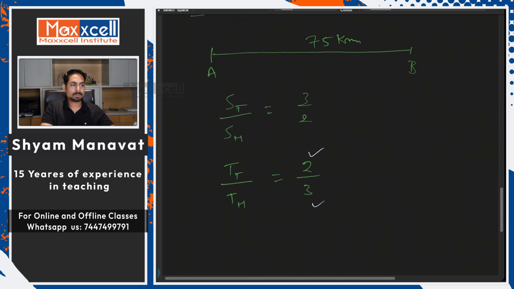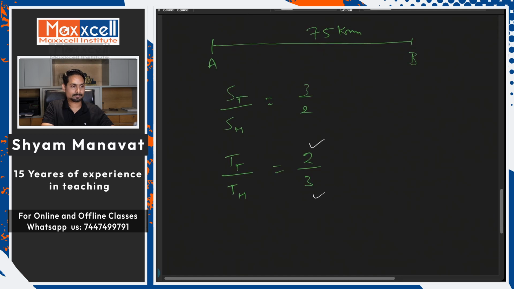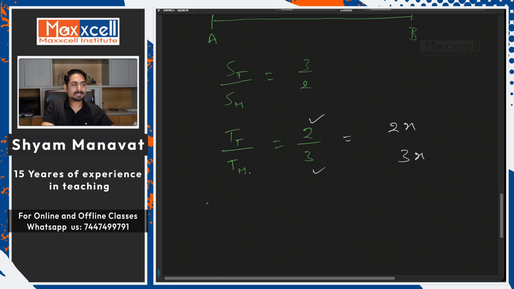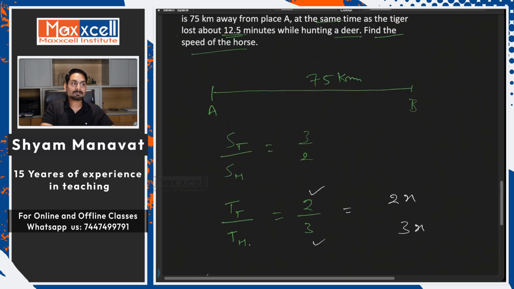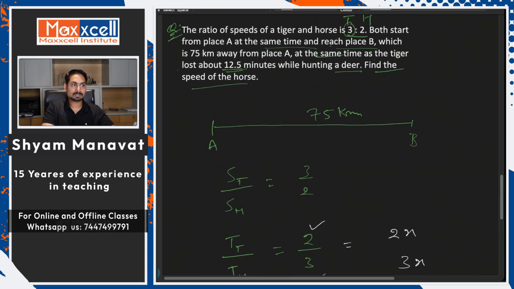So what is the difference of the time? If I assume the tiger took 2x time and the horse took 3x of the total time, then the difference between the time, which is 3x minus 2x, should be the time which the tiger wasted in hunting a deer.